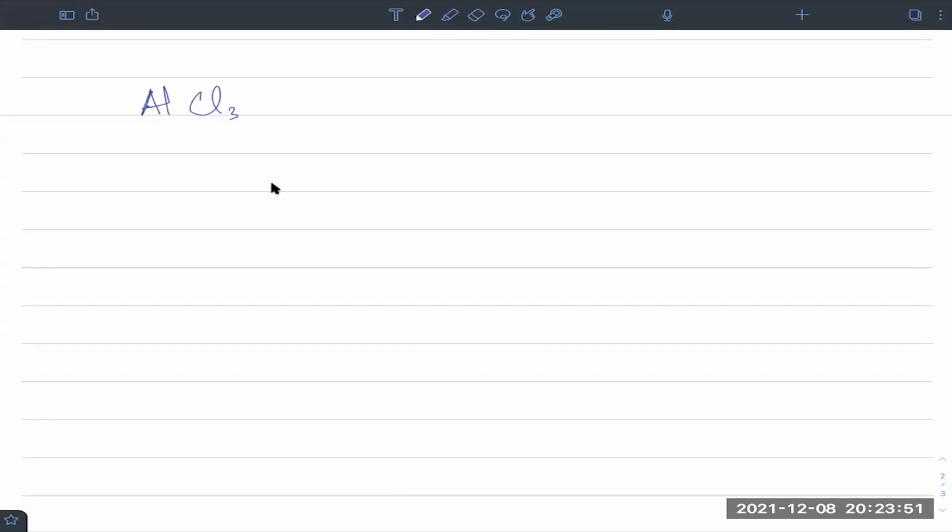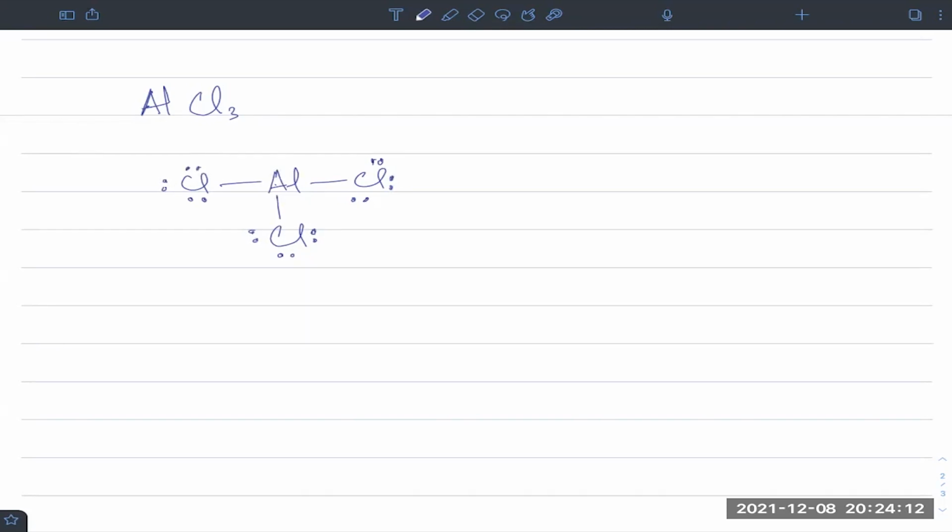So aluminium shares with one chlorine, one chlorine, one chlorine, and that's it. The bond angles are 120 because there's no lone pair. Sure, chlorine has lone pairs, in fact plenty of them, 3 lone pairs for every chlorine, but aluminium doesn't.